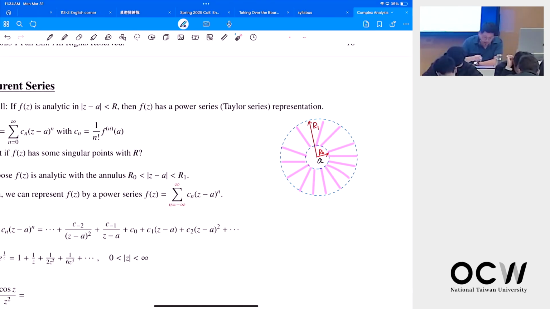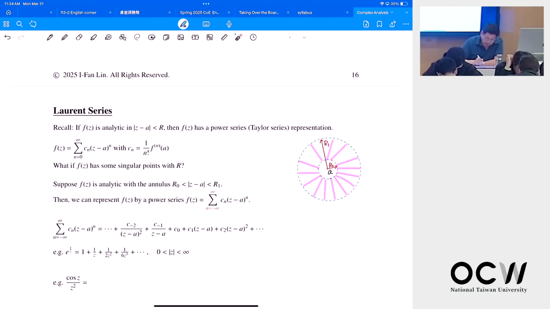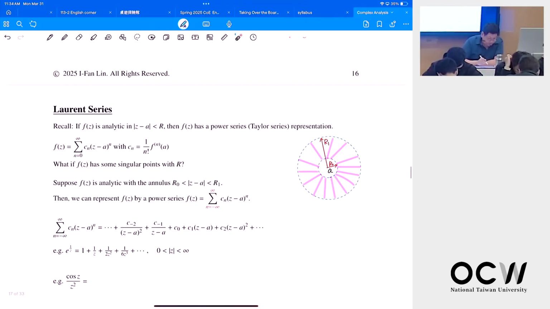And here we say that the Taylor series expansion about a requires that a is differentiable. If a is not differentiable, then we need to consider the Laurent series. So here we can have a note.